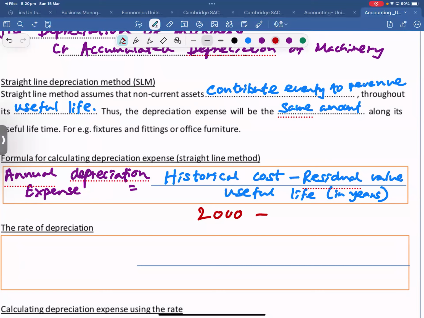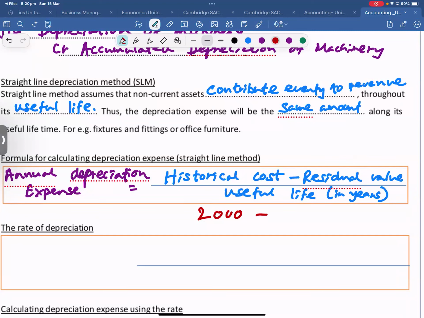Useful life is basically what they determine, how long they can use the asset for at the purchase, right?